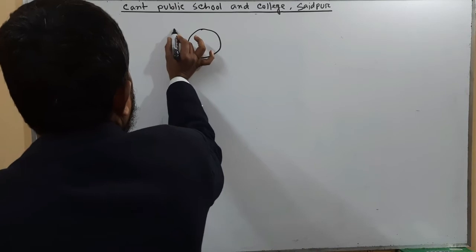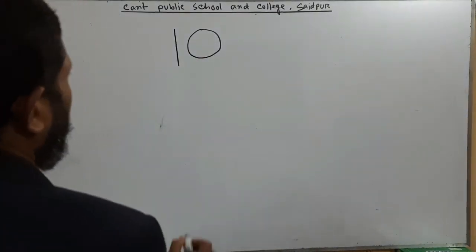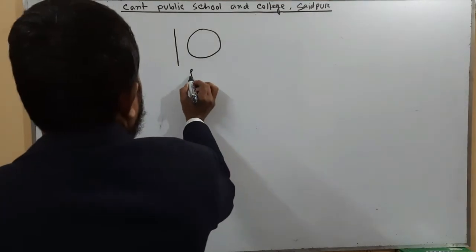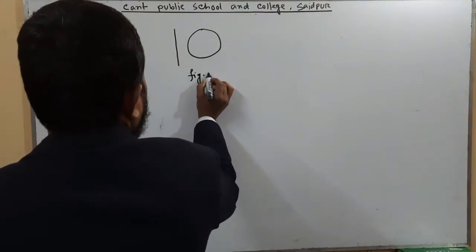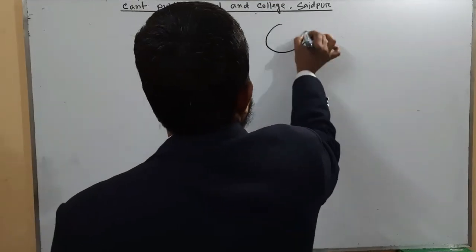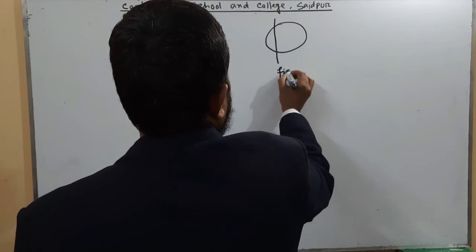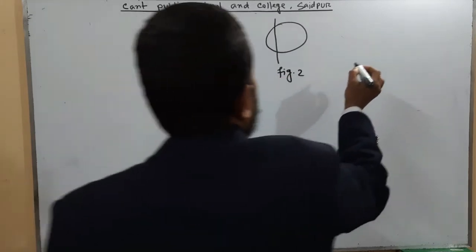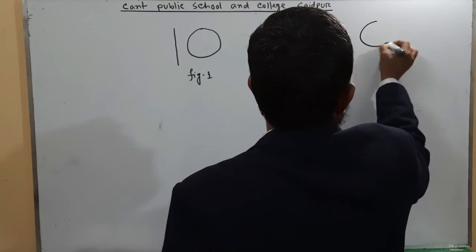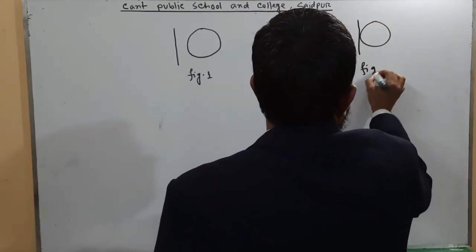Here, a circle and one straight line. This is figure number 1. Here, figure number 2. This is figure number 3.